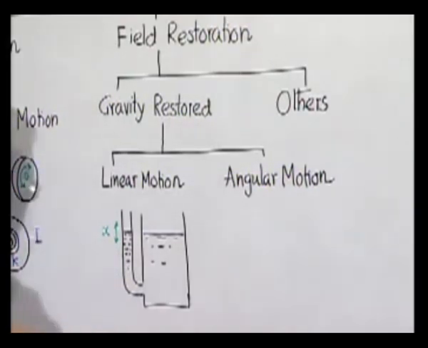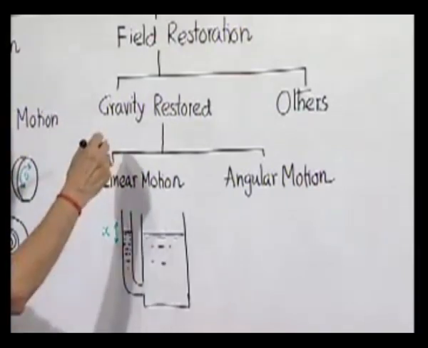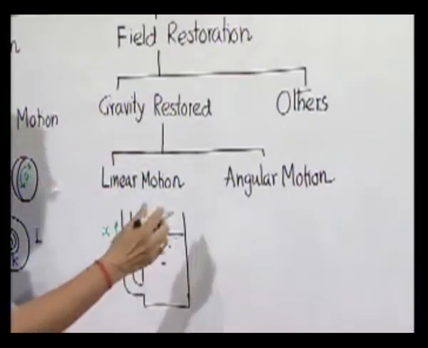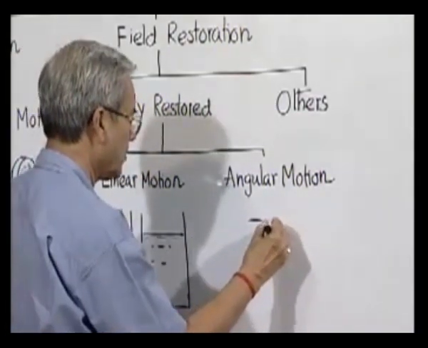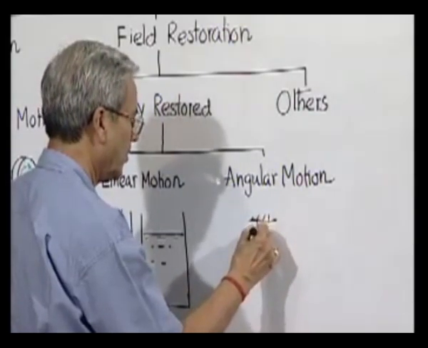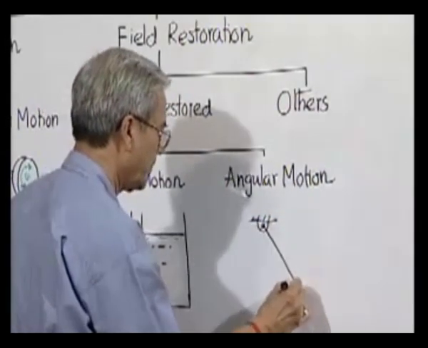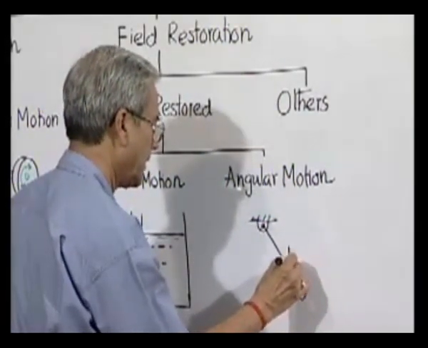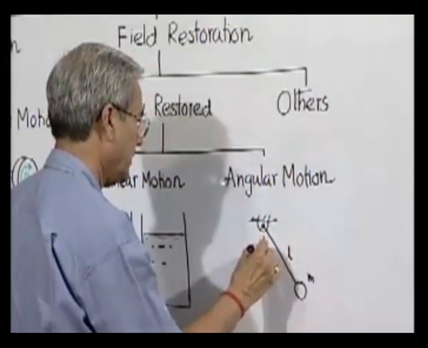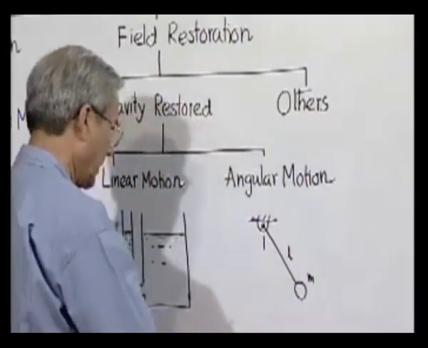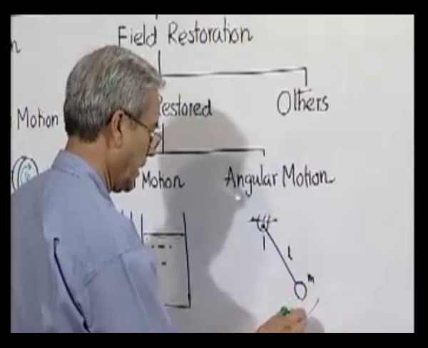The example of this is the linear motion which is gravity restored. The angular motion which is gravity restored is very commonly known, and almost everyone is familiar with that. Here the motion is angular.